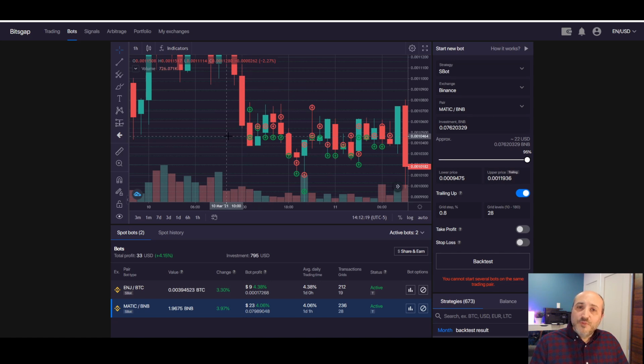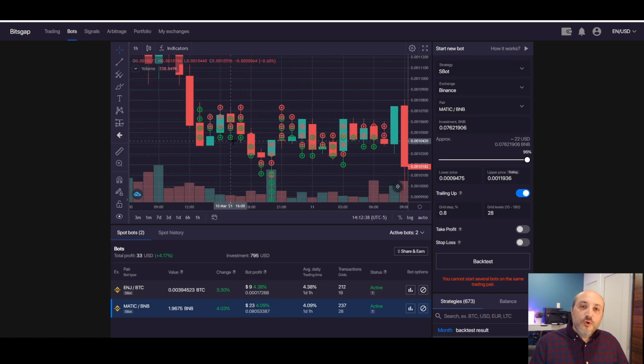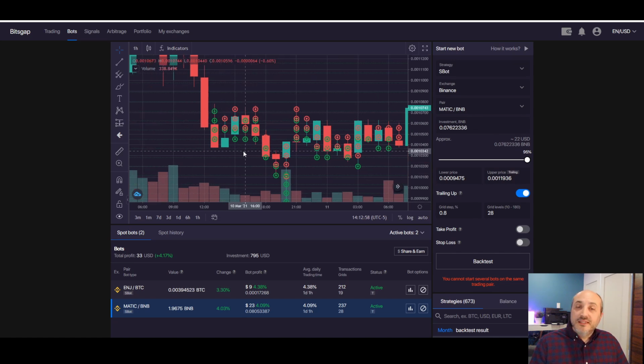Every time the price goes up or down through one of those lines, the bot will make a buy or a sell depending on the direction. So if the price goes up, it will sell a portion of your asset, and when the price goes down and goes through the grid, it will buy back those assets. So basically, bottom line, it buys low and sells high.